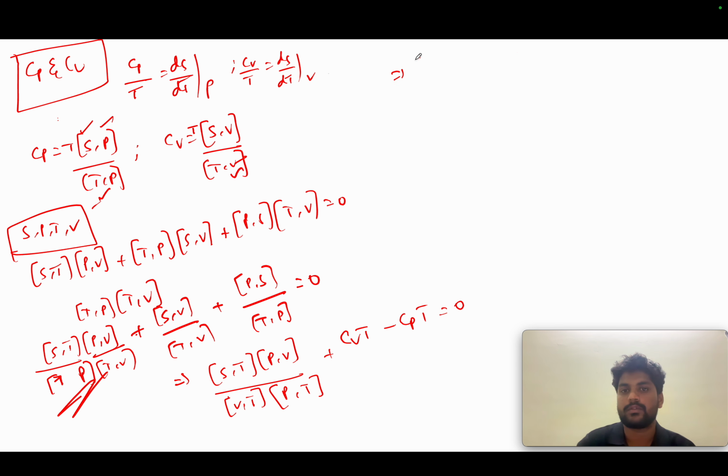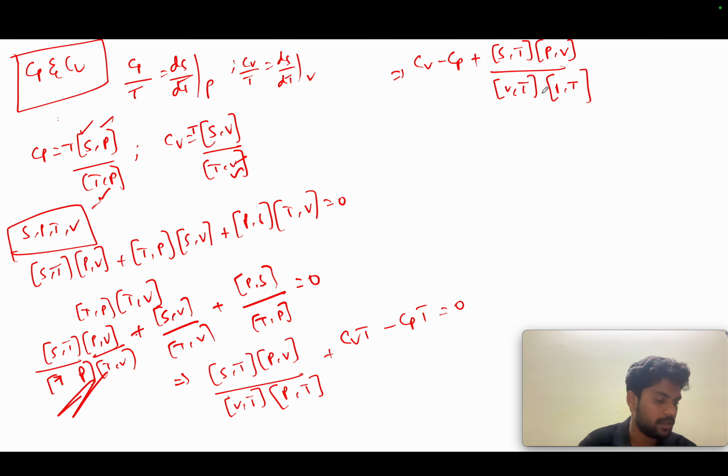Have I done anything wrong here? We'll see. CV, CP plus (P, V) divided by (V, T), (P, T).